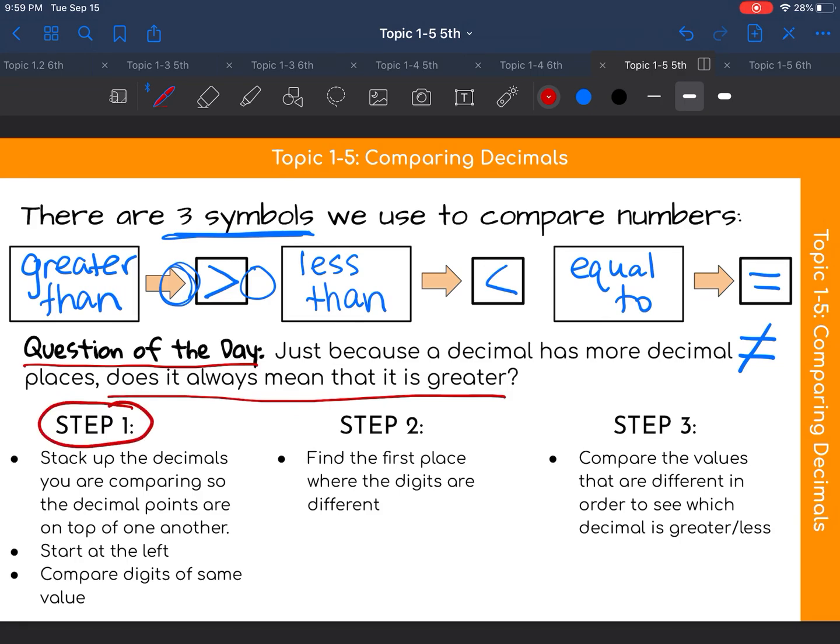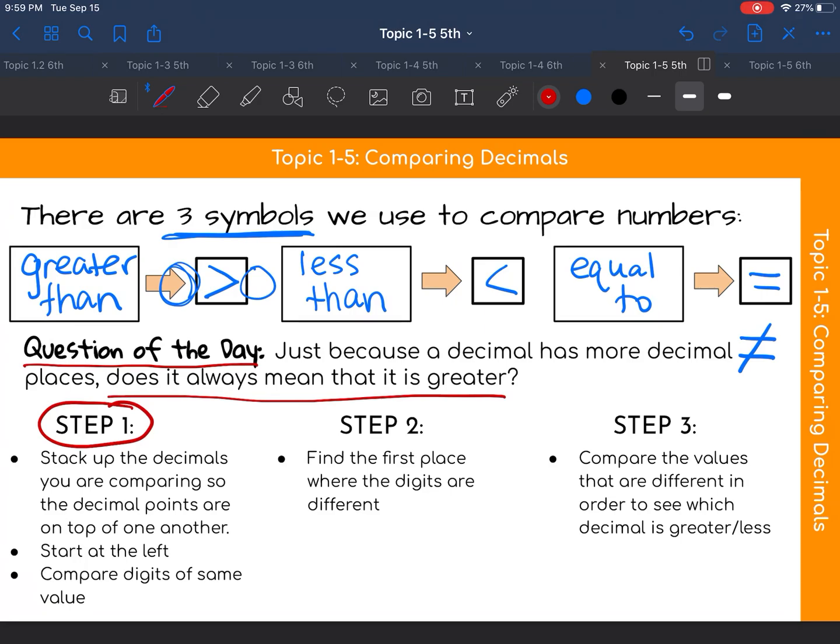So to compare, step 1, you're going to stack up the decimals you are comparing so the decimal points are on top of one another. Then you're going to start at the left and compare digits of the same value.